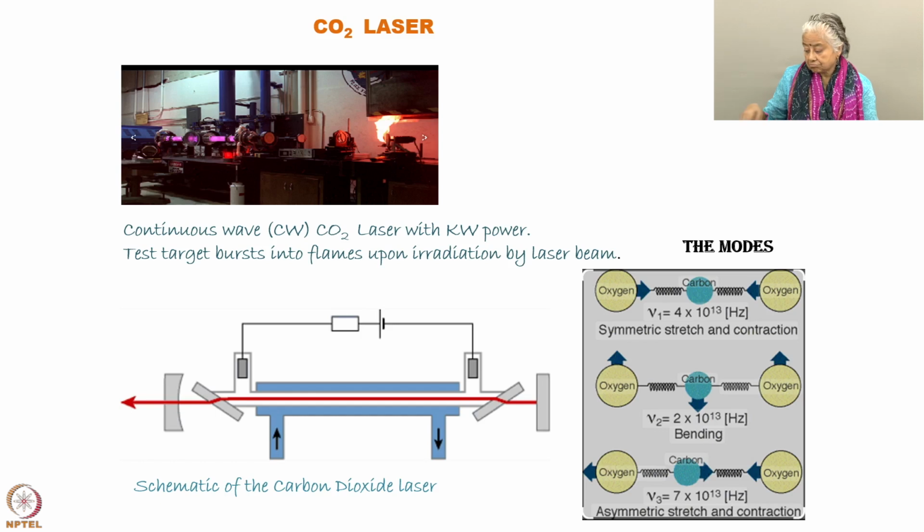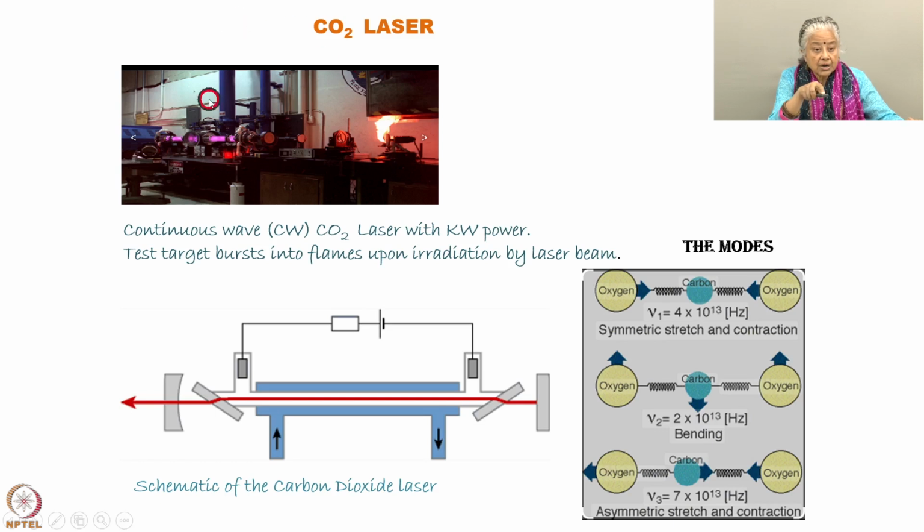So, it is difficult to see the laser line, unlike the red line which you can see. But here I give a picture of a laboratory with a carbon dioxide laser of kilowatt power. In the case of the helium neon, it was around 2 milliwatt to 4 milliwatt. Here I am talking about carbon dioxide lasers that can lase in the kilowatt power range.